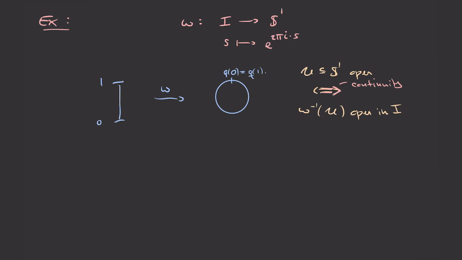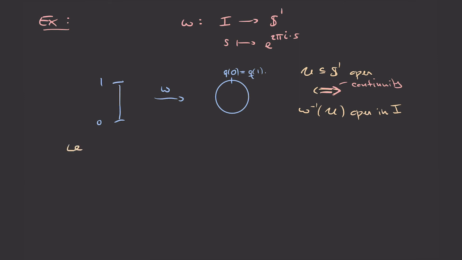Conversely, we need to check that if we have some subset of I that is the preimage of some subset U in the unit circle, and this is open, then U is also open in the unit circle.